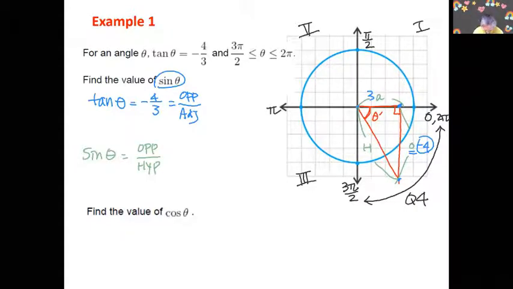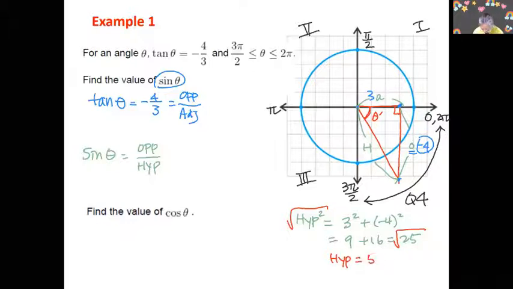So then hypotenuse squared is 3 squared plus -4 squared. It's 9 plus 16 is 25. Then in order to get the length only, square root both sides, and hypotenuse must be 5, right? Hypotenuse is 5 here. Then we're done. So what's opposite? -4. What's hypotenuse? 5.